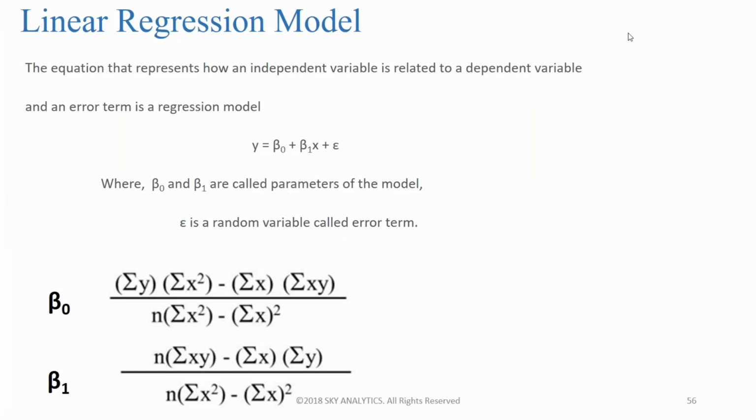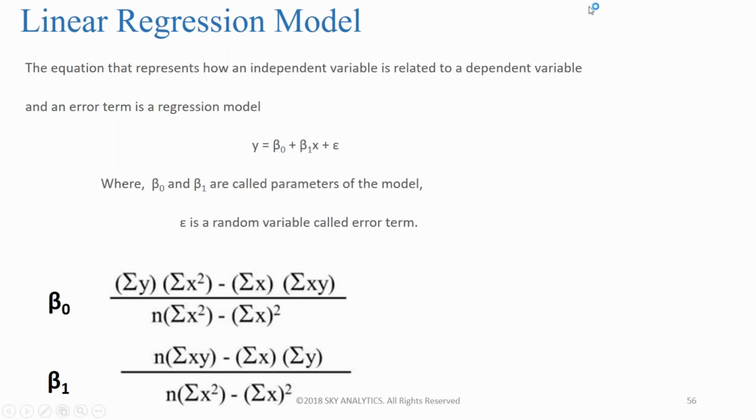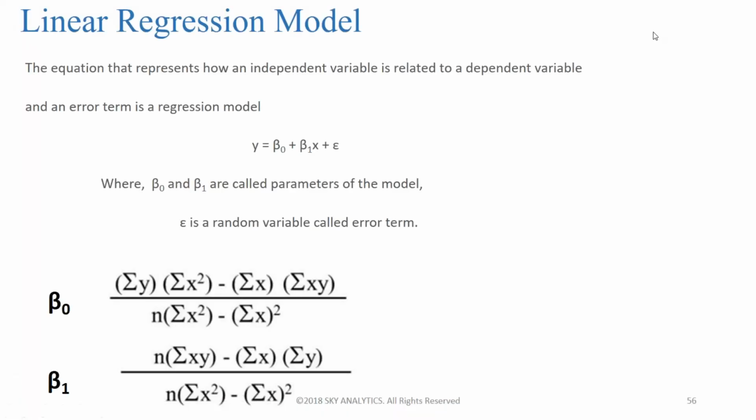Now, the next topic is called the linear regression model. This linear regression model says, try to understand, it is the equation that represents how an independent variable is related to a dependent variable.